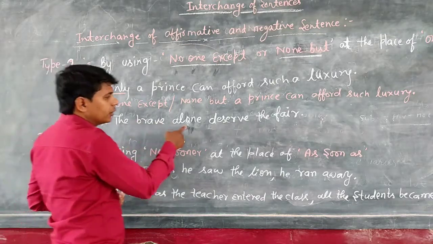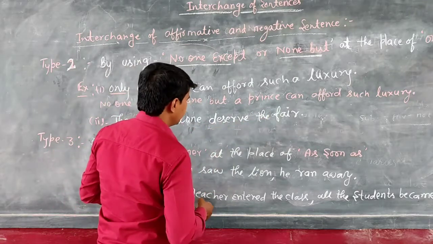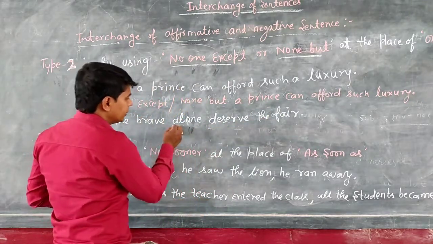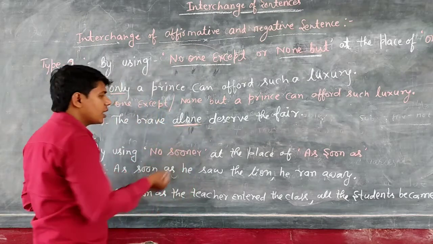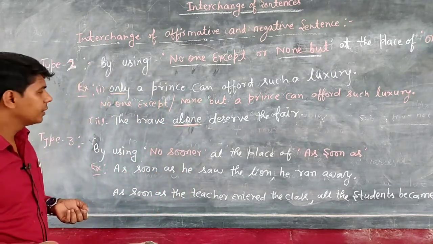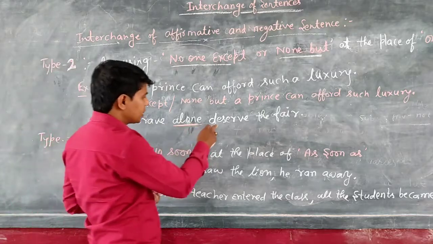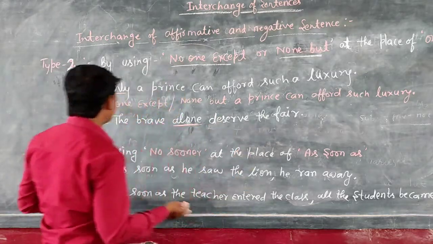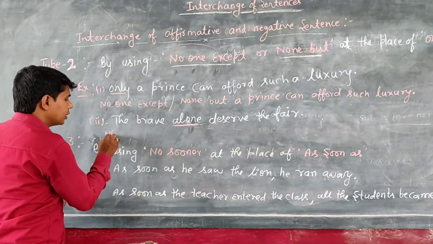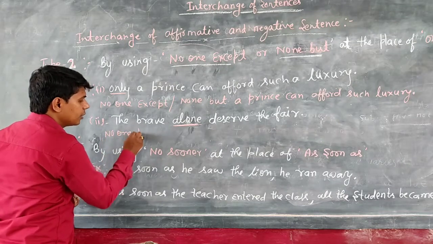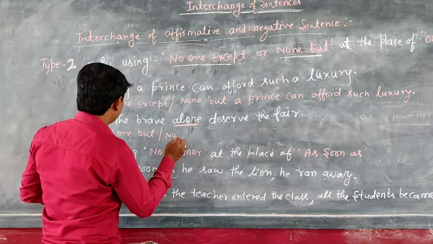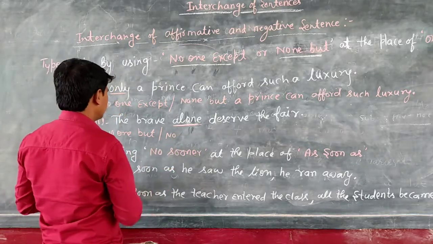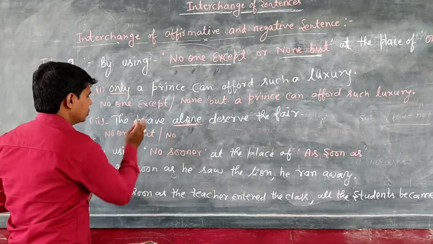The brave alone deserve the fair. So students, you can see the sentence contains the word alone. And now you are asked to change it into negative. So when you change the sentence into negative, very first you will use the words no one but. You are free, you can also use no one except.